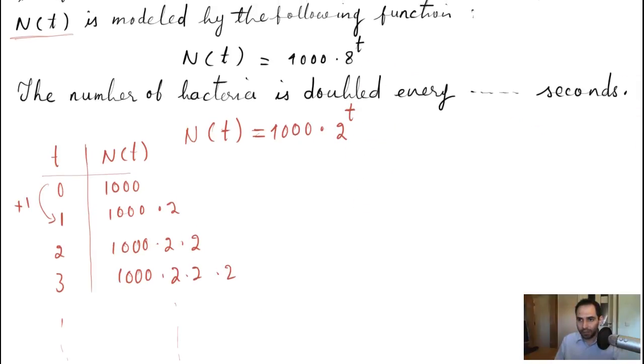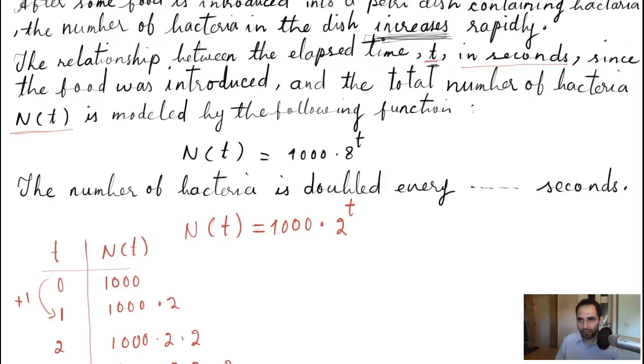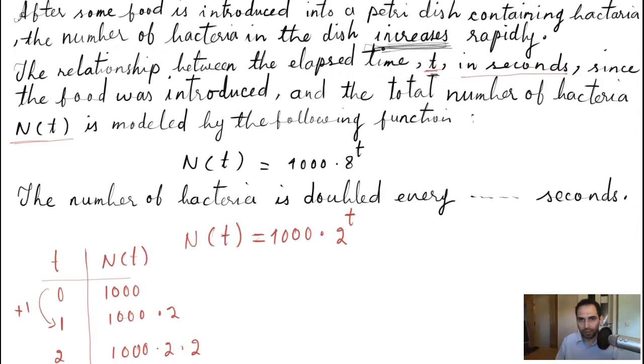But the problem is that now, based on the relationship that I have here, every second the whole number of bacteria is being multiplied by another factor of 8 and 8 and 8.